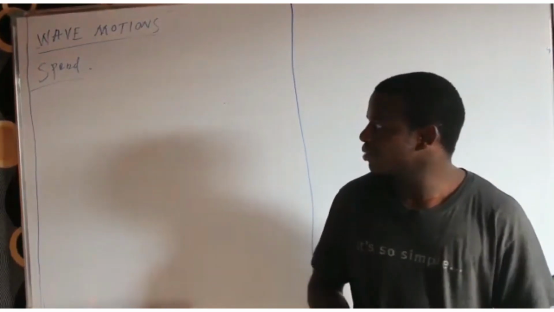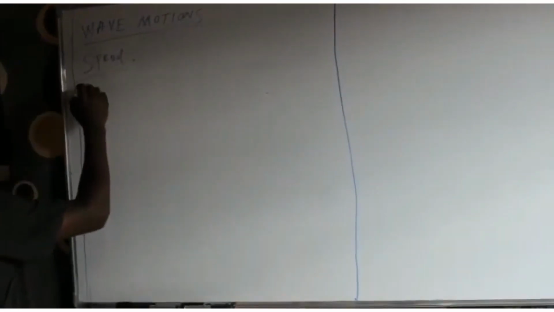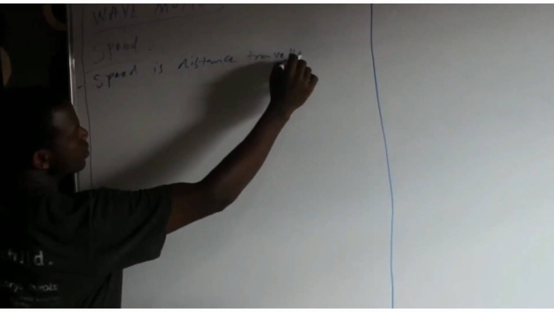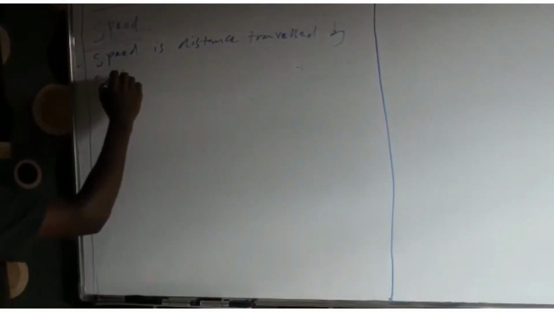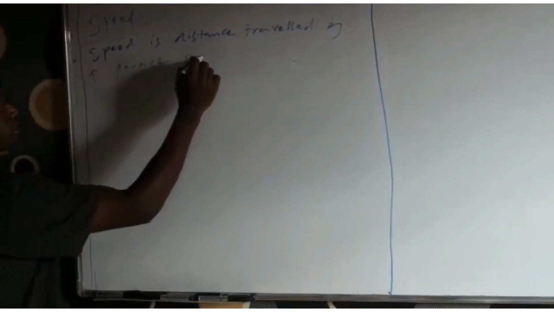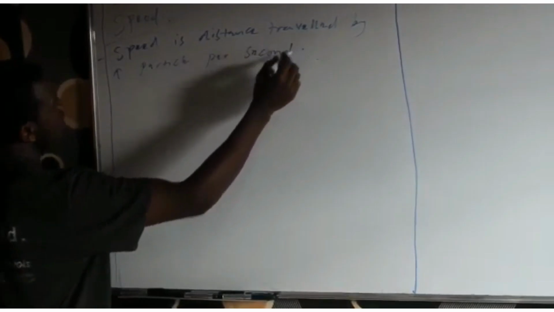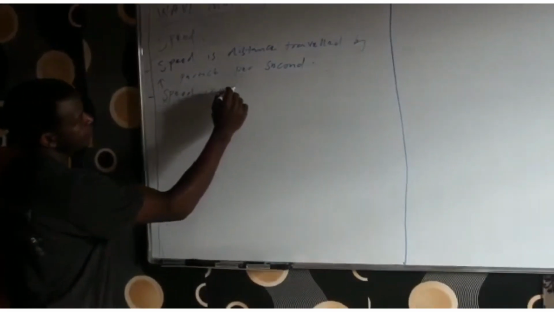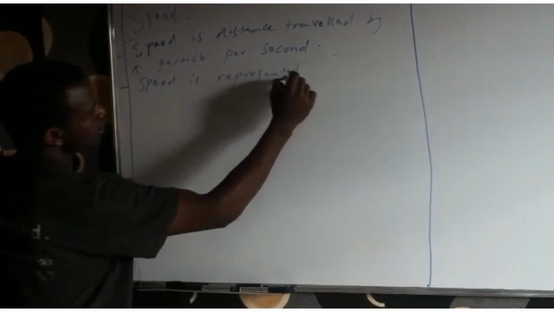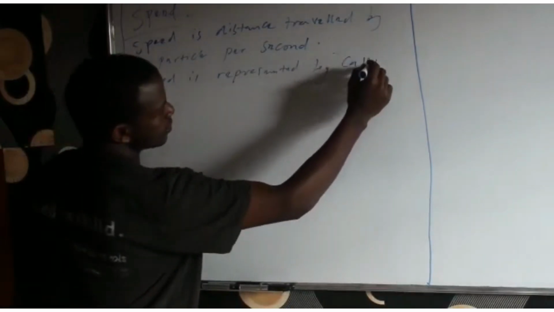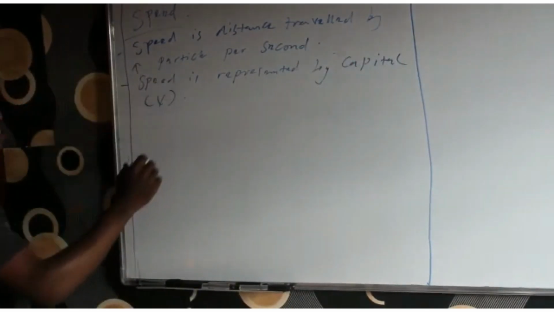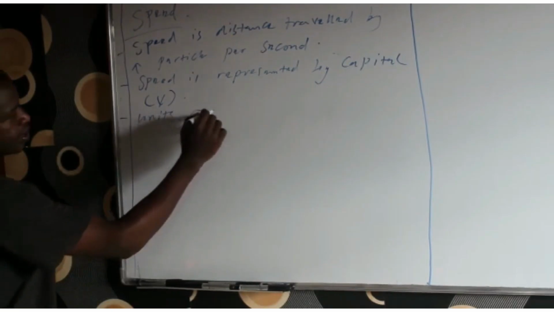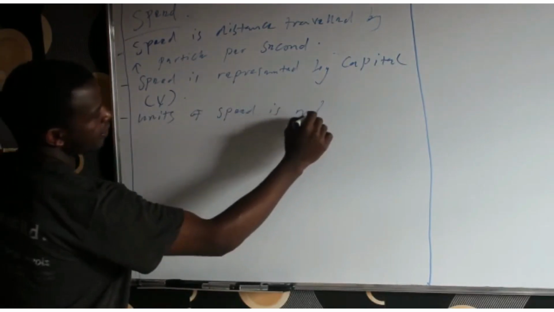So I'm going to write these notes on the board. I've said speed is the distance traveled by a particle per second, and speed is represented by the symbol V, so capital V. The units of speed are meters per second.